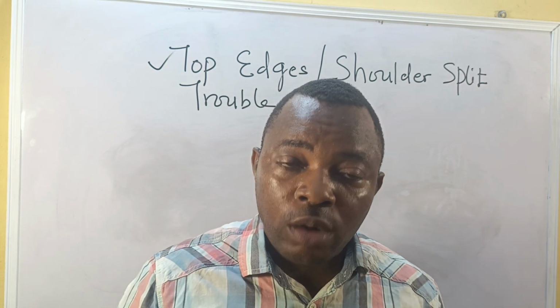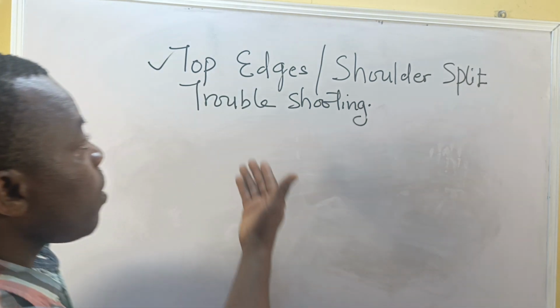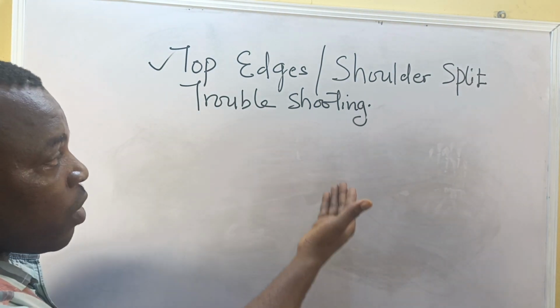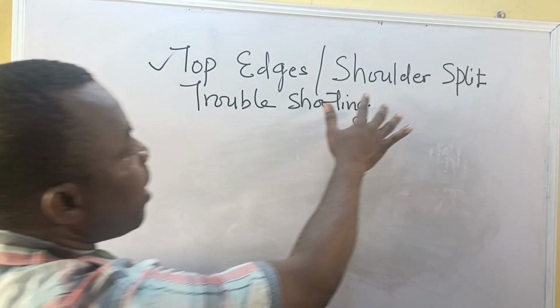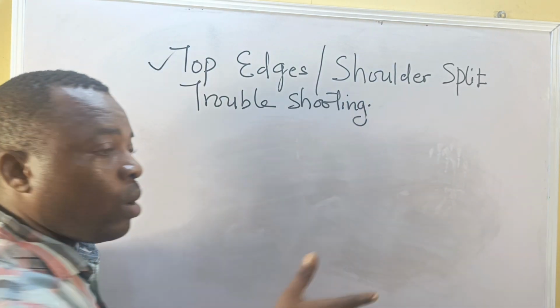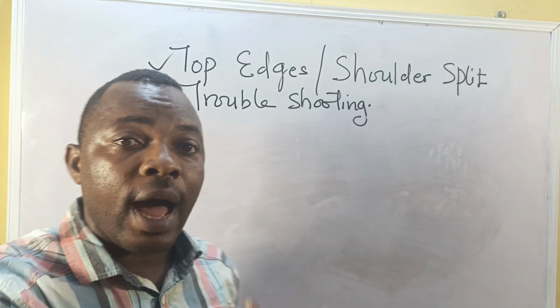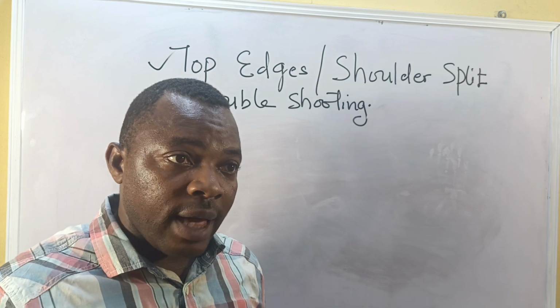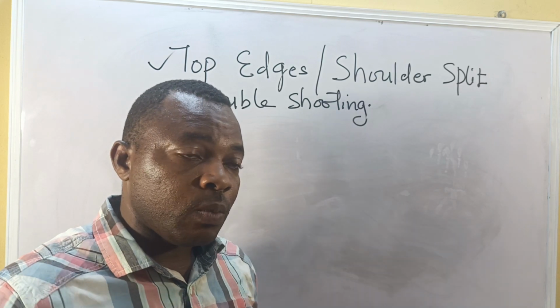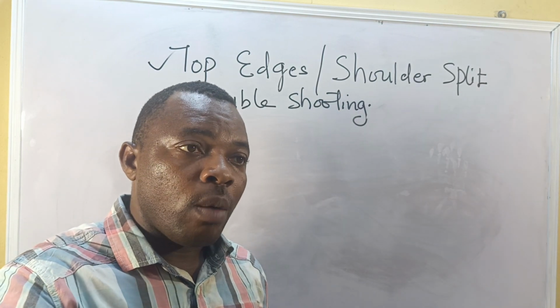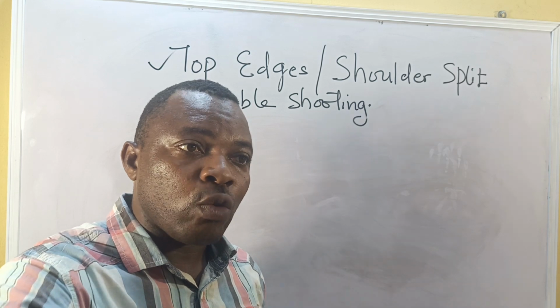What concerns us is how to treat this question of top edge and shoulder split in forming a block. That falls under troubleshooting. I did say that troubleshooting means correction from unsound block for you to have sound block.